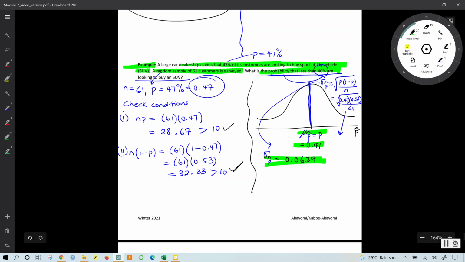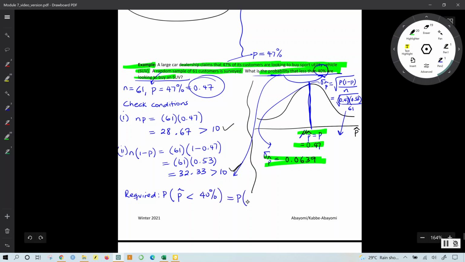So now that I have the parameters of the sampling distribution of p hat, I can then proceed to find the probability that less than 40% are looking to buy an SUV. So I'm required to find the probability that the proportion in the sample, p hat, who are looking to buy an SUV is less than 40%.